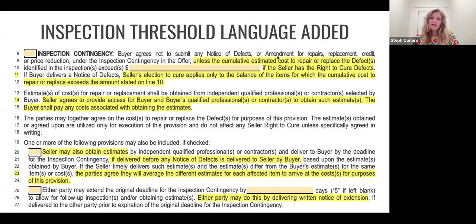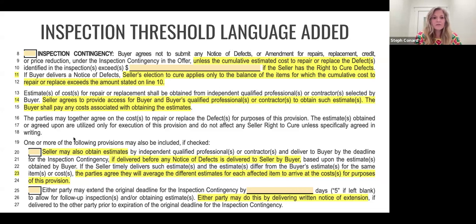So we're going to have our inspection. I'm going to find out what's going on. If the repairs cost less than this $5,000, then I'm committing to moving forward, and I'm not going to serve a notice or deliver an amendment of any kind.